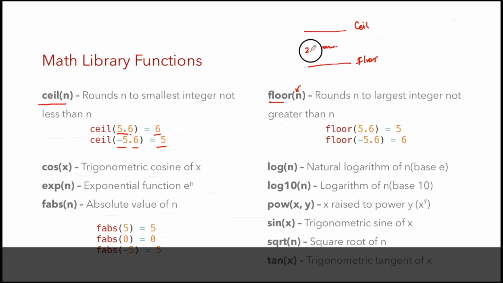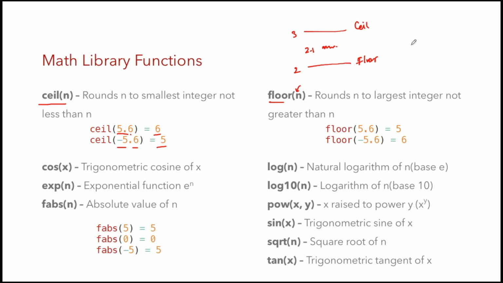So when I say 2.1, the ceiling value is 3 and the floor value is 2. In case of negative values, like minus 2.1, the floor value would be minus 3 and the ceiling value would be minus 2, because we are on the other side of the scale. So this is how the floor and ceil functions work.